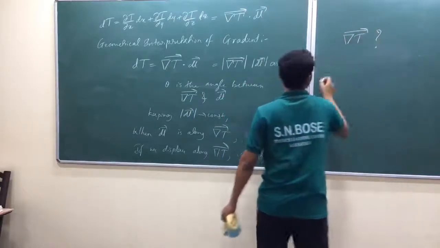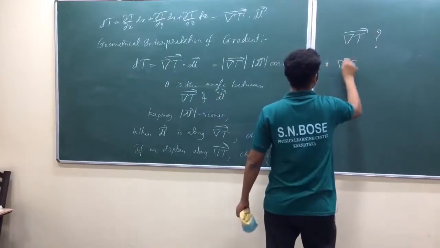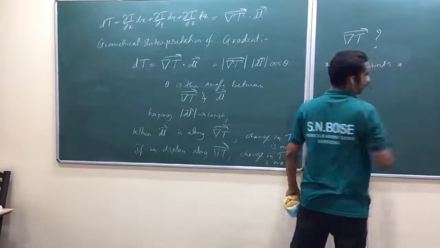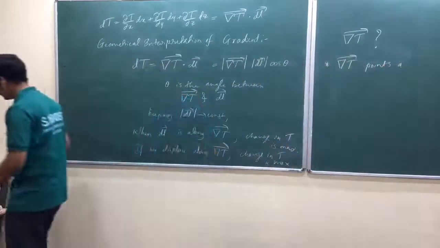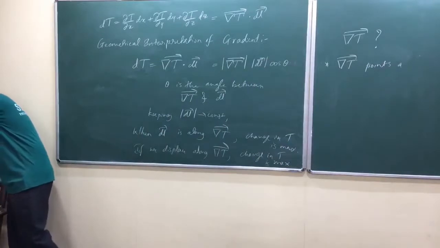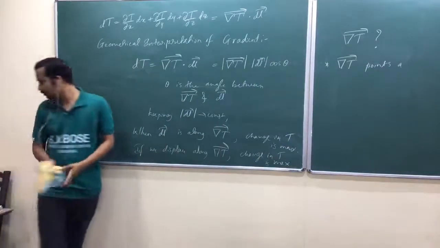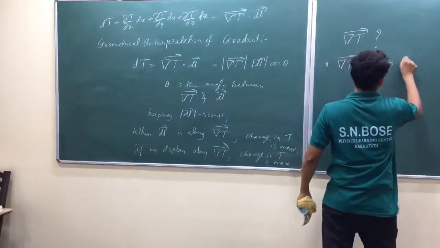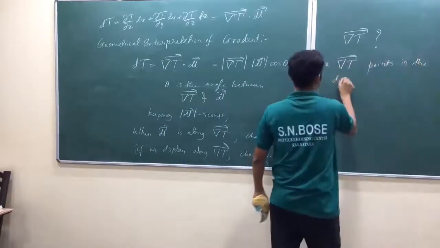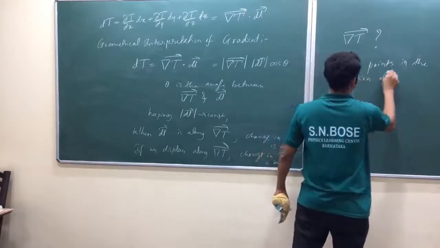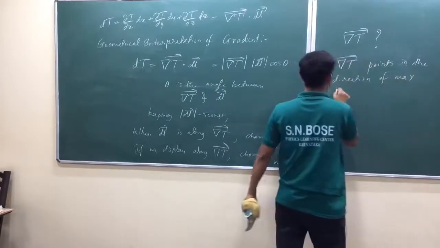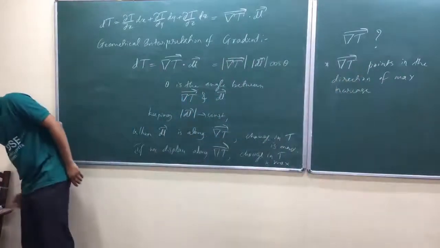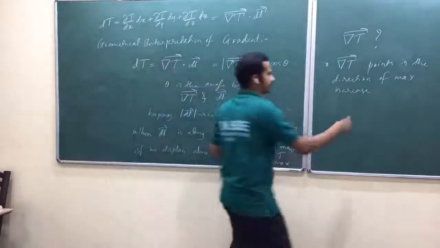So one thing is, gradient of T points in the direction of maximum increase of the function T. Gradient of T points in the direction of maximum increase of the function T.